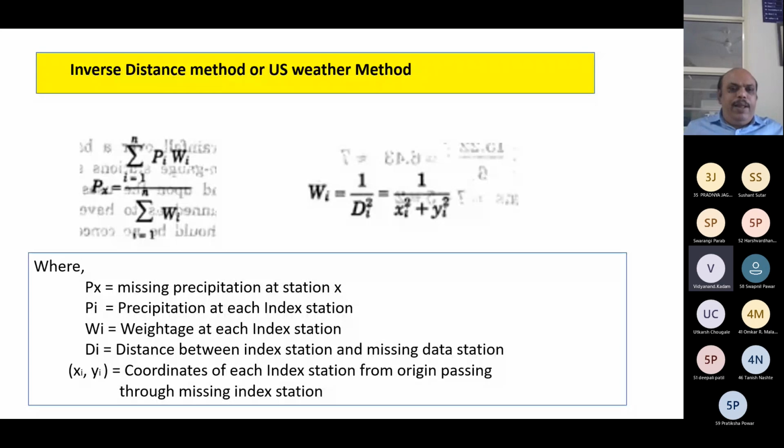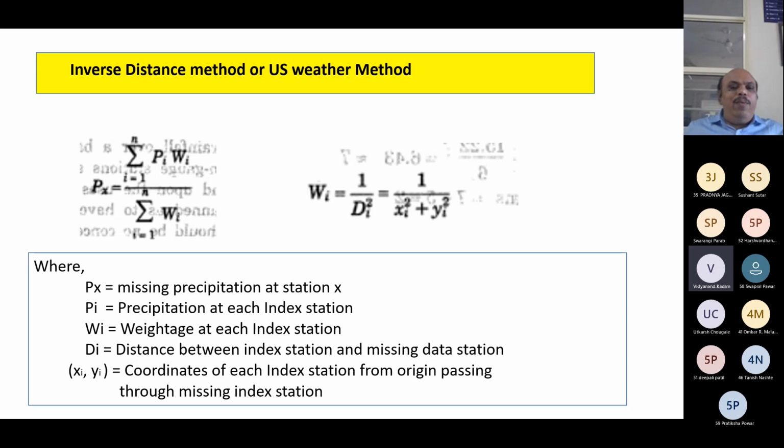So at present, keep in mind that in this method the formula is Px is equal to summation of Pi into Wi upon summation of Wi, and Wi is equal to 1 upon Di square, which is 1 upon Xi square plus 1 upon Yi square.